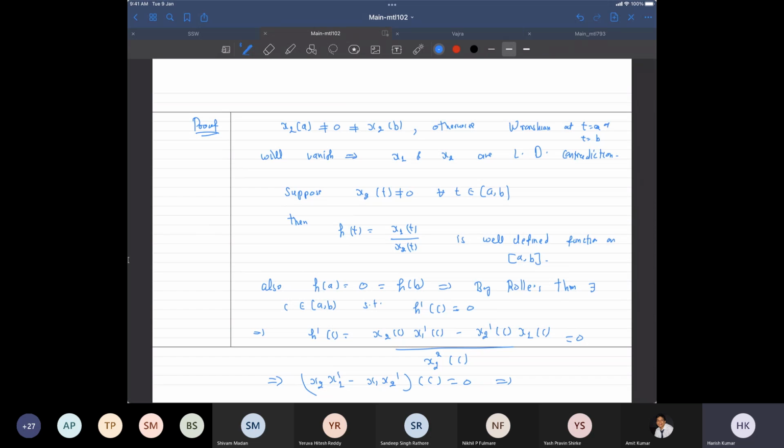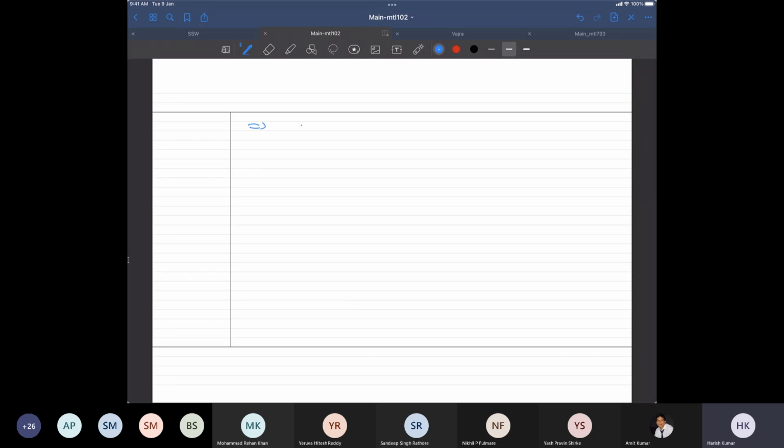This implies that what? What does this imply? The Wronskian is 0. Exactly. This implies the Wronskian at c is 0. This implies that x1 and x2 are linearly dependent, which is a contradiction.